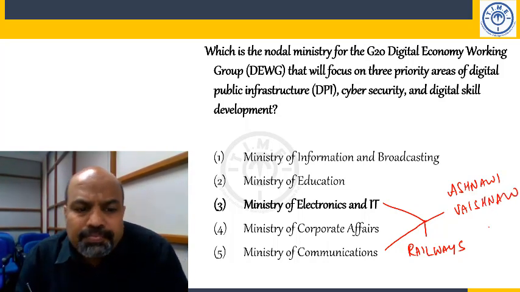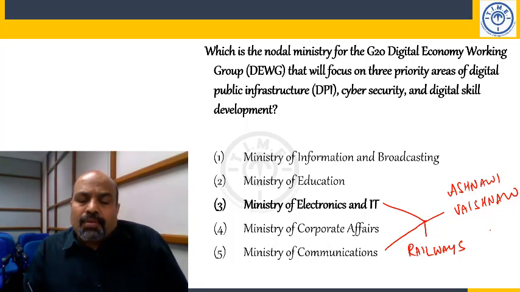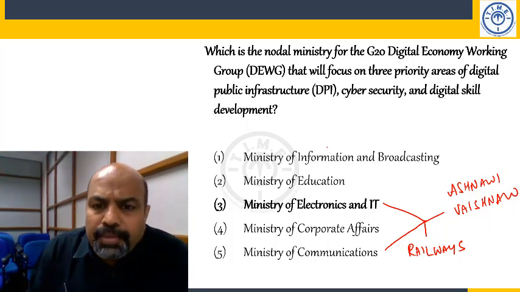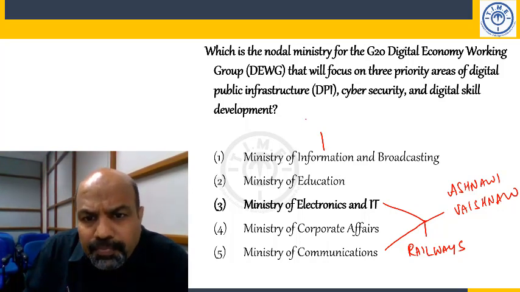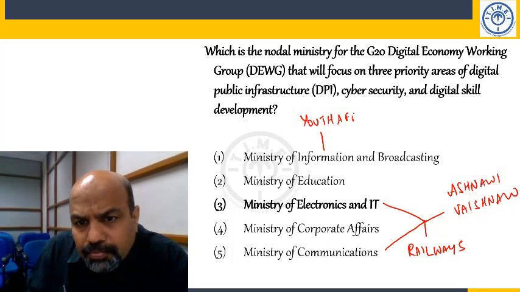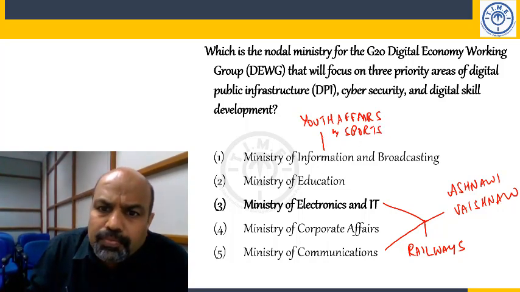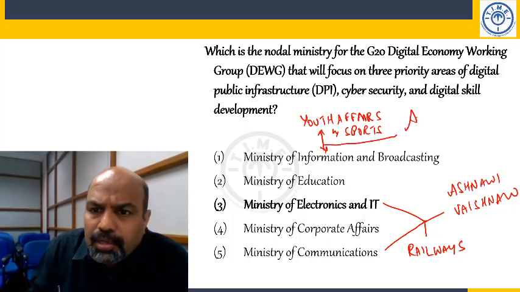Ministry of Information Broadcasting is headed by the person who also heads Youth Affairs and Sports, Anurag Thakur.